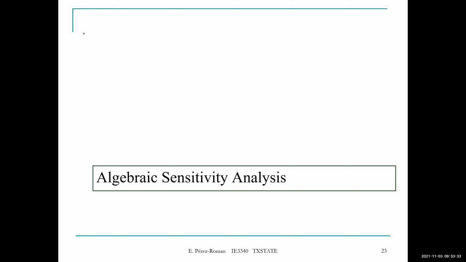And we specifically looked at two cases. The first case was for the right-hand side of the constraint. So we saw as we increase or decrease the values on the right-hand side of the constraint, how that changed the feasible region in the solution space, and also how that impacted the optimal solution.